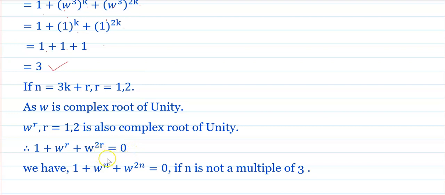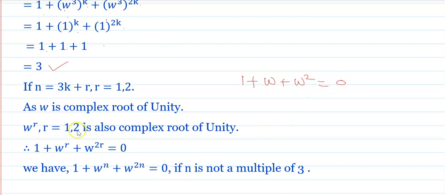And hence we have 1 plus omega raised to n plus omega raised to 2n is equals to 0 if n is not a multiple of 3. In the first case, if we take r is equals to 1, then you will get 1, omega, and 2 into 1, therefore omega square. Its value is 0.